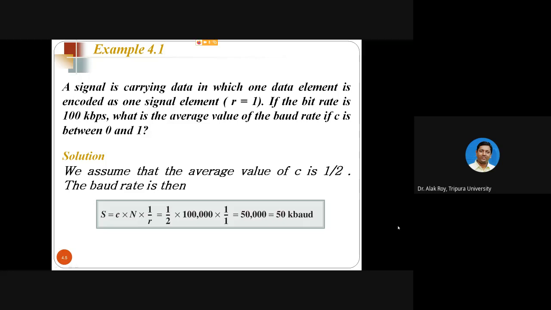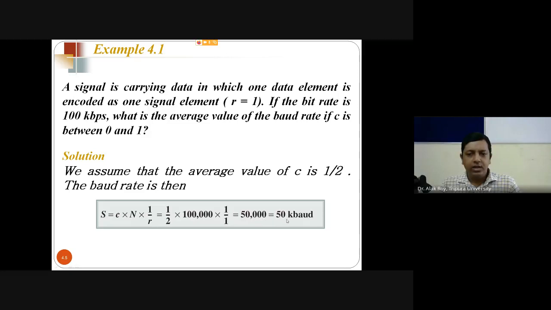So if we assume c equal to half, we have the formula c into capital N into 1 by r, where c equal to half, and N is the bit rate, 100 kbps, which is 100 multiplied by 1000 bps, and here r is given as 1. So your value will come as 50,000, which is 50 kilobaud.